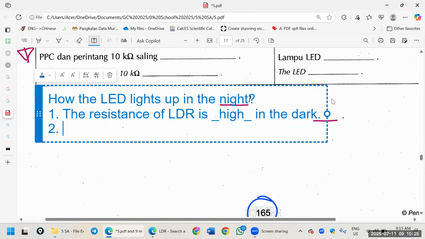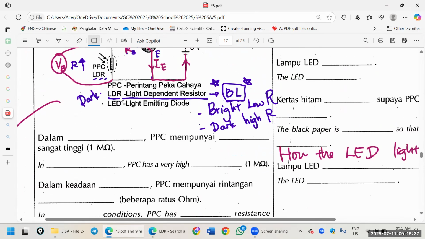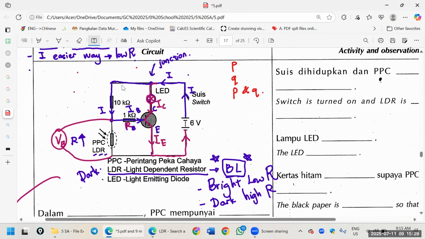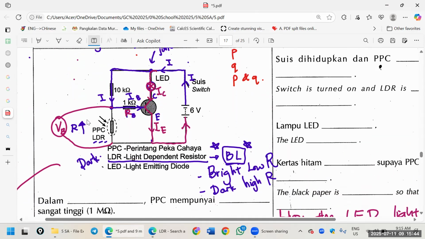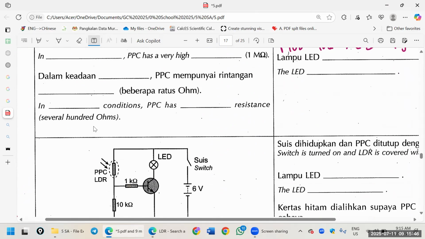So, number 2. If you want it to light in the dark, we put the LDR at the bottom. The bottom is the base circuit. So you can see high resistance here means high base voltage.